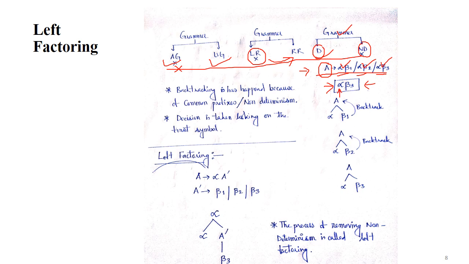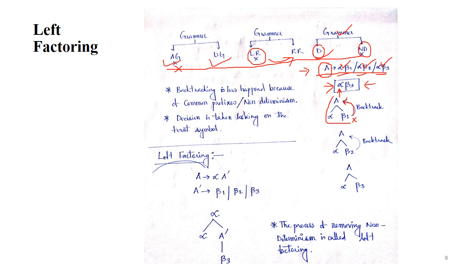So the parser thinks that the first symbol is alpha. Here also I have alpha, so I can proceed using this production. But after scanning the second input symbol only, the parser will know that this is not my correct output, because I need beta 3 here and I am able to generate here beta 1. So I need to backtrack. The parser will backtrack to the first production or your start production.